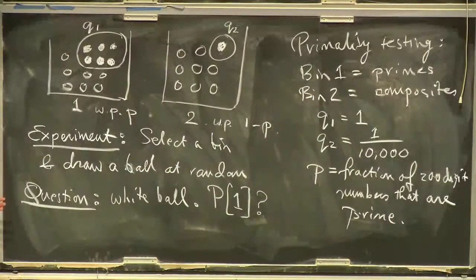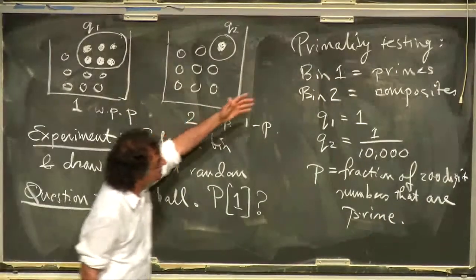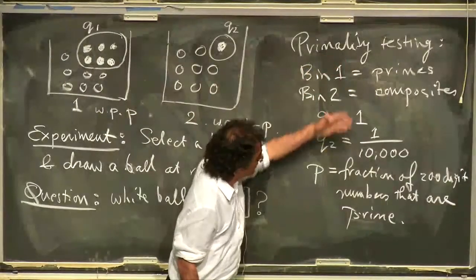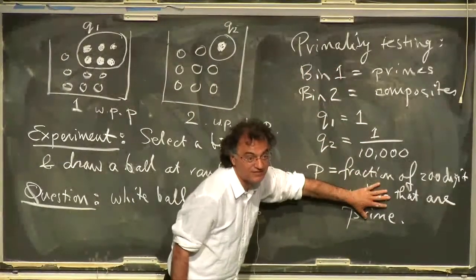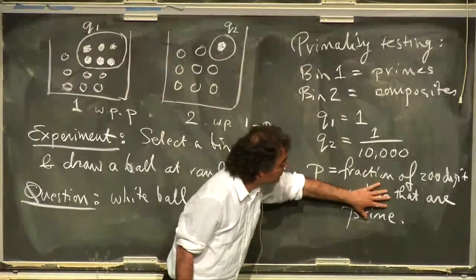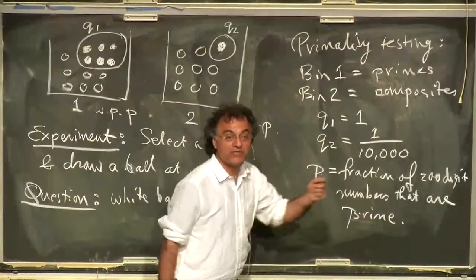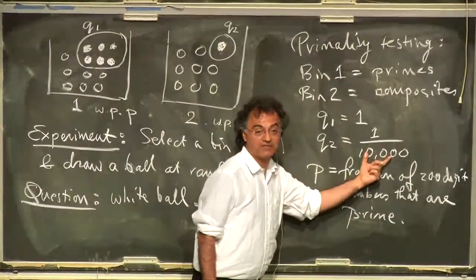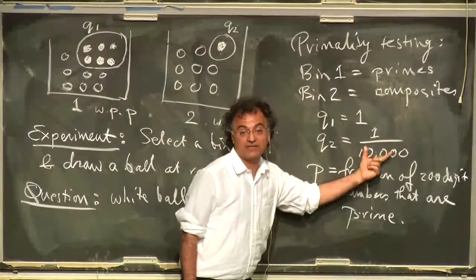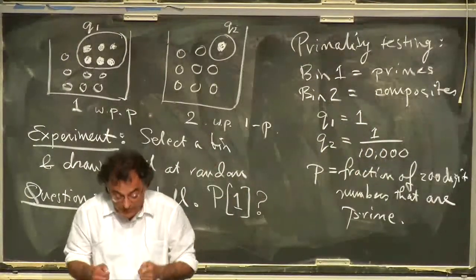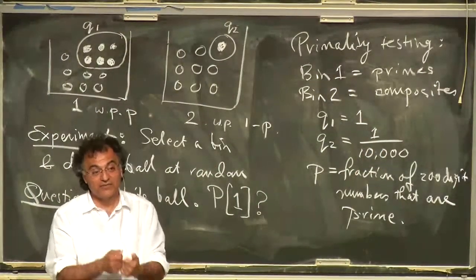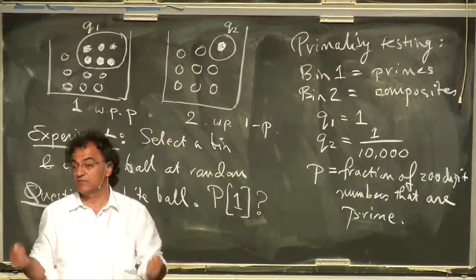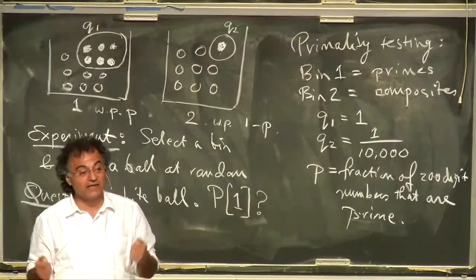So that's the problem we want to solve. If we knew this fraction, then what we really want to say is, suppose we do the test with this particular parameter. This is how good our primality test is. What's the chance that when we input a number and it says it's a prime, it actually means it?